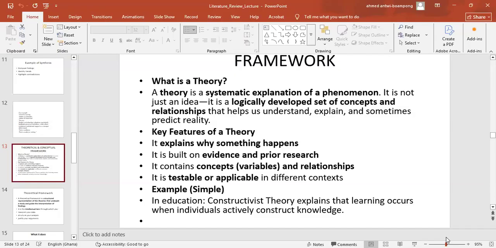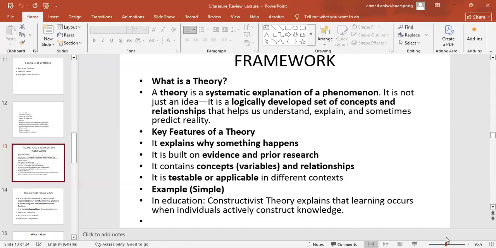You recall earlier in our second lecture, we said there are two types of approaches to doing research. There is the inductive research, and there is deductive research.